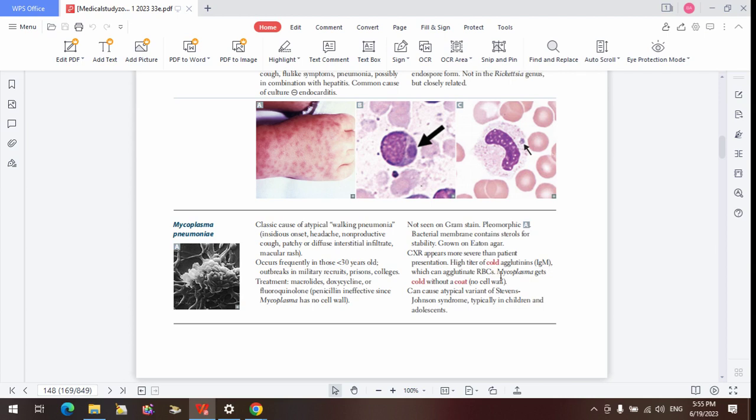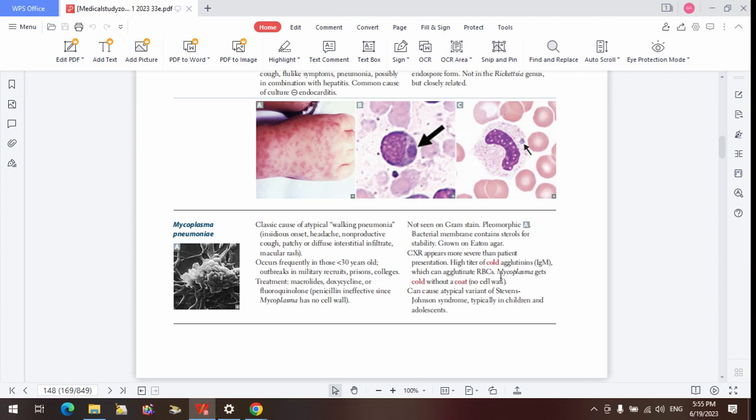Do you guys remember that question? So we are linking that to mycoplasma. So we should not forget that. Mycoplasma forms cold agglutinin that contains IgM that can easily bind to antigens of red blood cells and agglutinate them, causing the autoimmune hemolytic anemia.